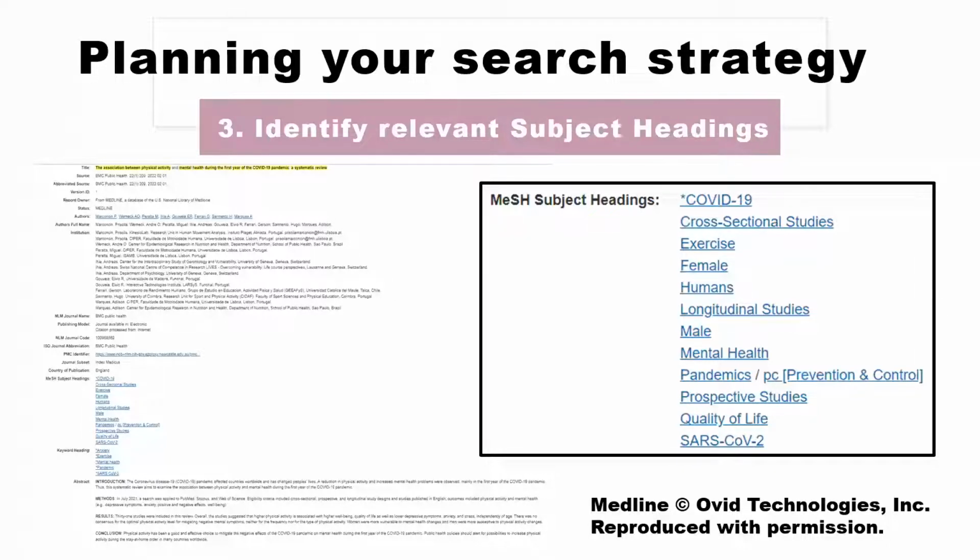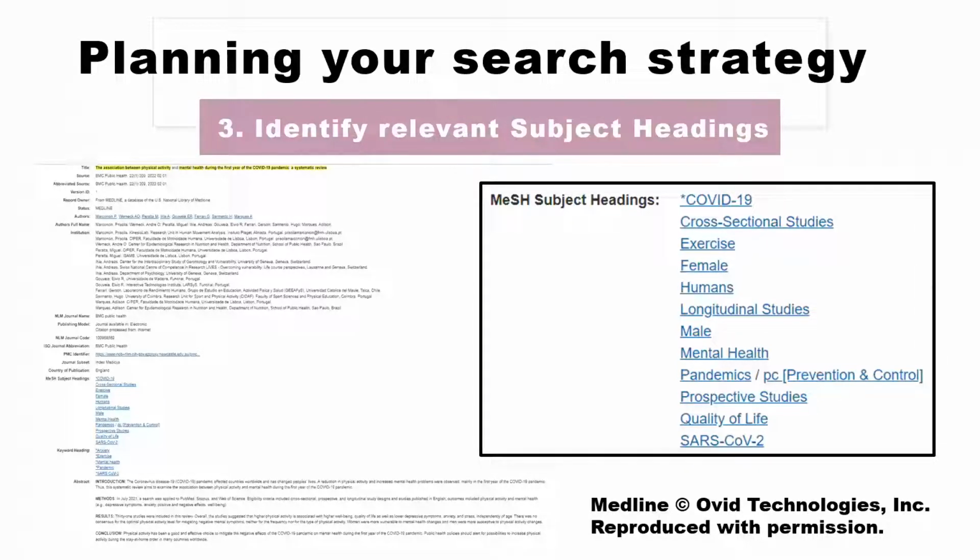When databases index the paper and add subject headings to it, it gives extra functionality, because it means you can search using those subject headings, and then you'll find all the literature in the database that has been tagged, so to speak, with that subject. So it's very, very helpful.